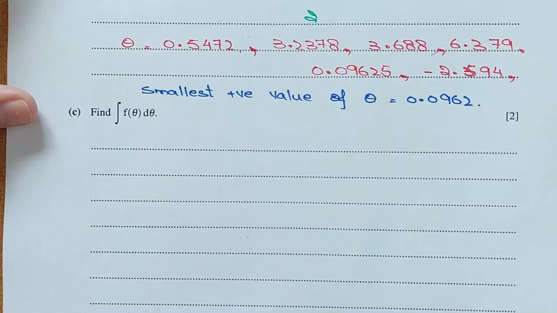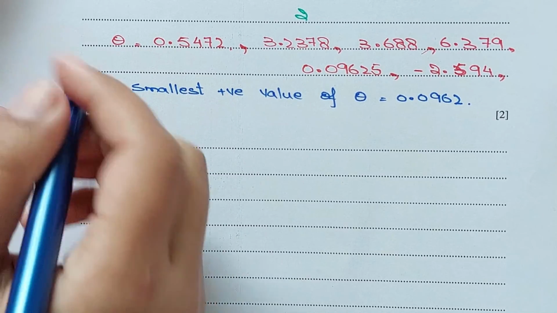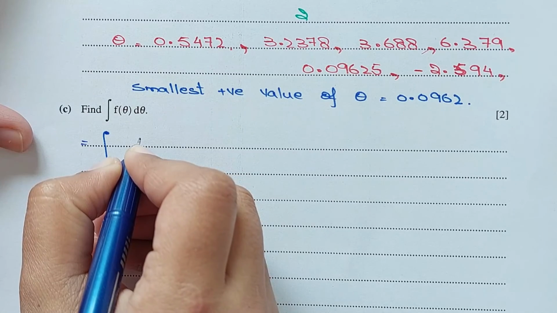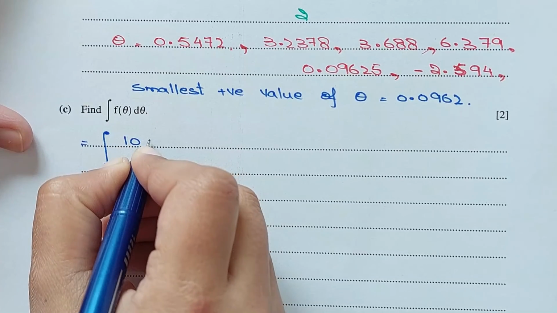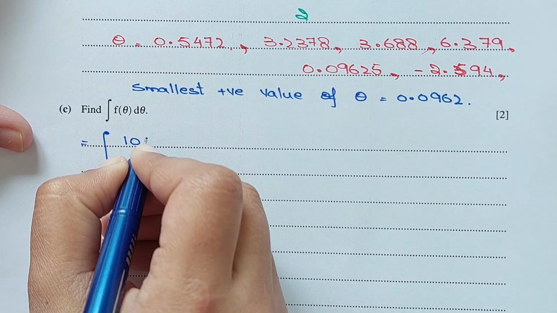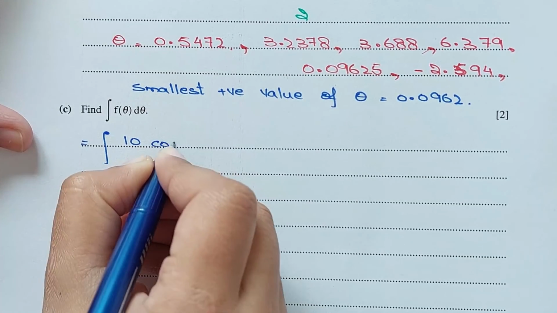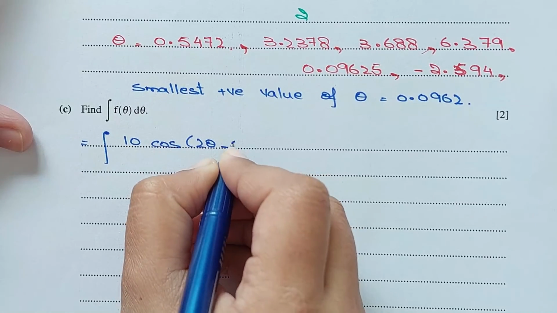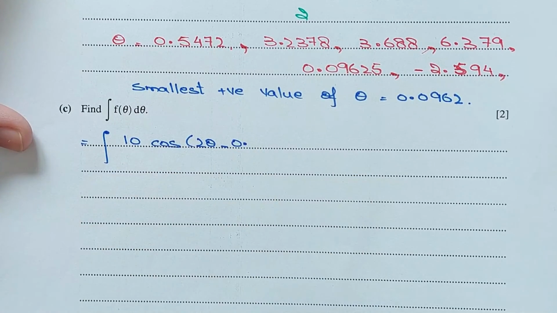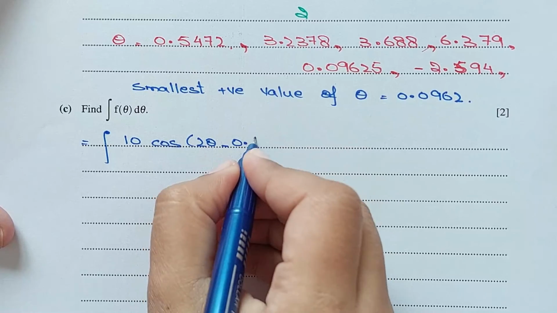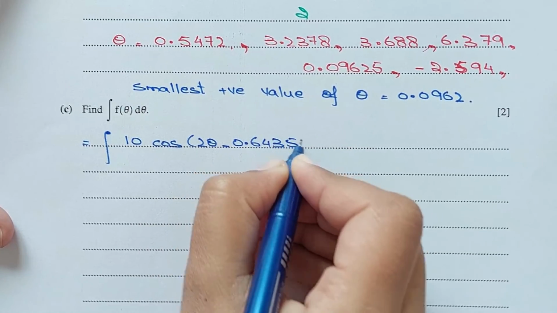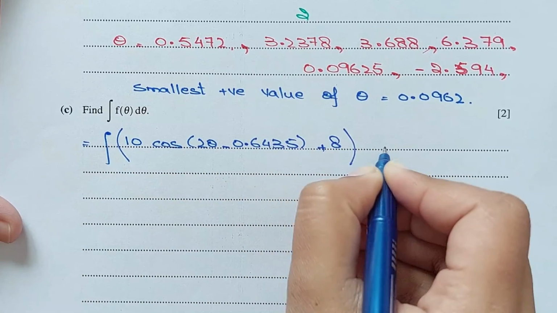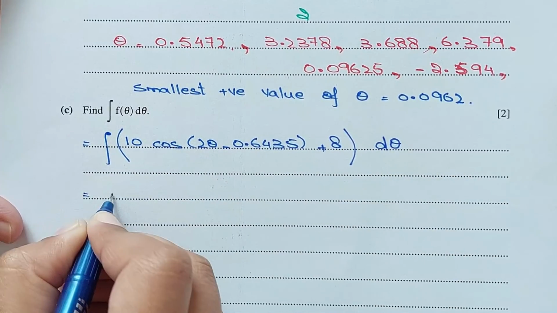Now for part C, find the integration of f of theta d theta. So let me write down the integration. f of theta is basically 10 cos(2 theta minus 0.6435) plus 8. With respect to d theta, the integration is 10.